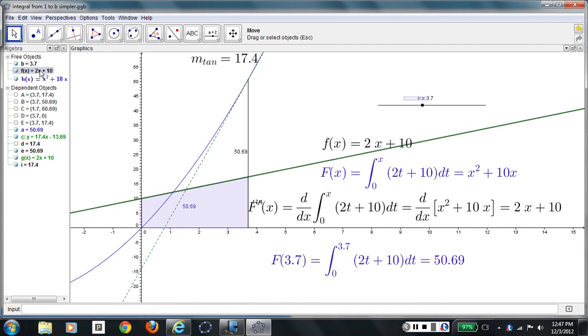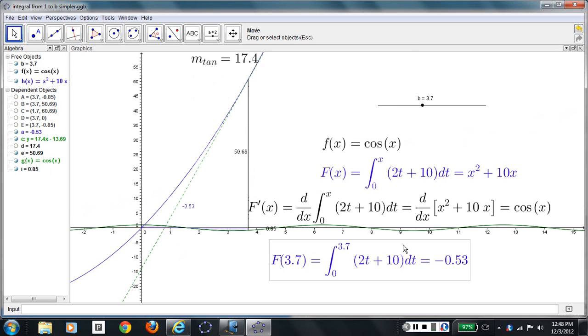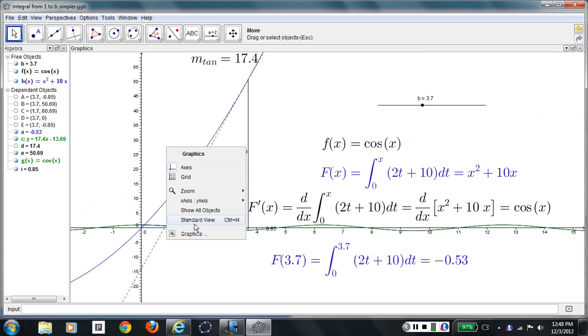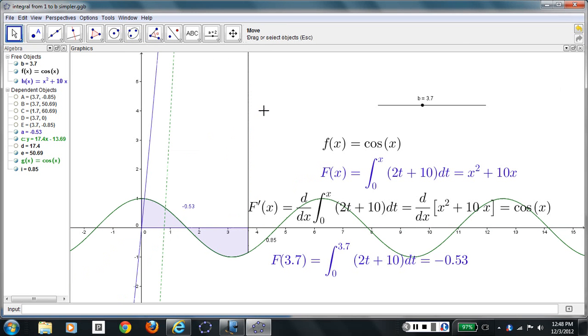What if I change this to cosine x? I think it's going to be in radians. Cosine x. It would look like that.